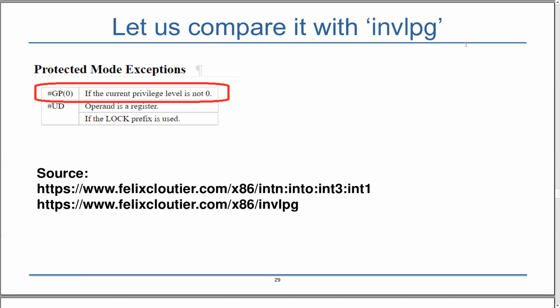And 1 and 2, as I mentioned previously, are not used by the vast majority of modern operating systems. So the current privilege level is not 0, therefore it will cause a fault, right? That means it will have a corresponding trap handler. You can look at these pages, go to this website, and it has a description for these instructions, so you can check that if you want.